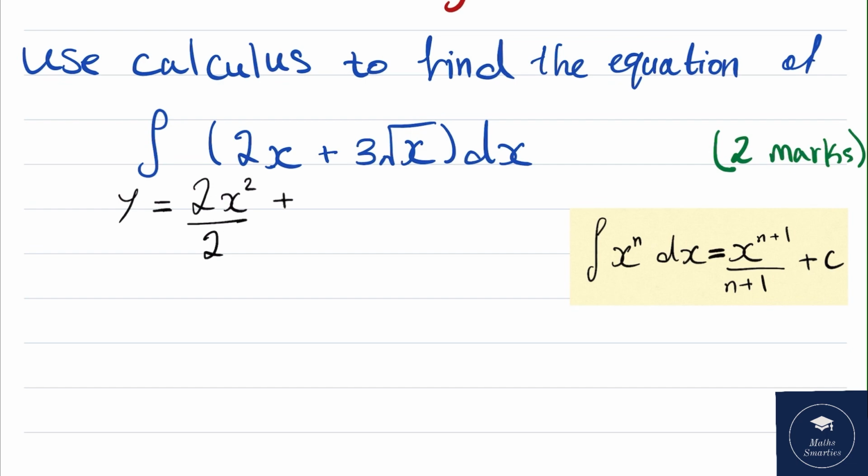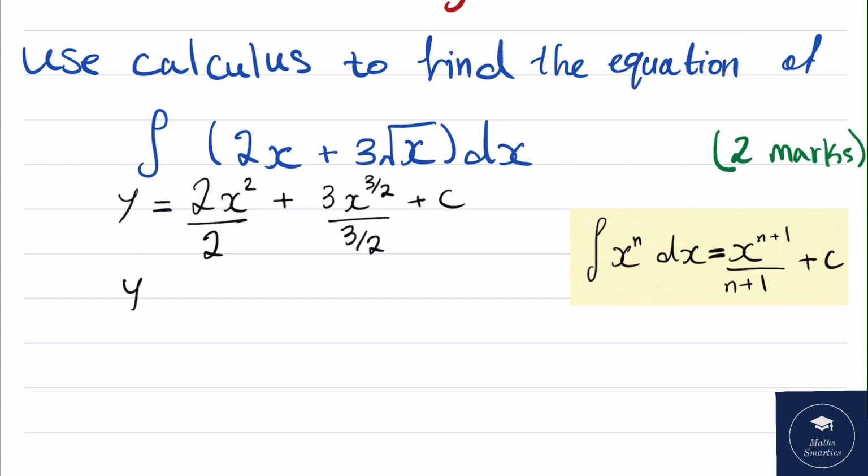The square root means that the power is half, 1 over 2. So, in other words, it's 3x to the power of 1 over 2. We add 1 to the 1 over 2, it becomes 3 over 2, or 1.5. And we divide the 3 by the new power, which is 3 over 2. So it becomes like this, plus c.